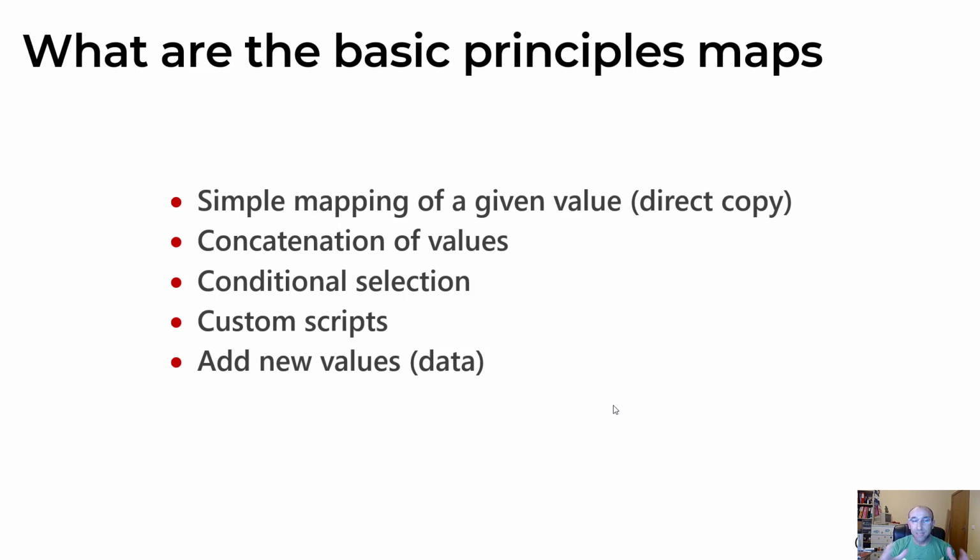Of course, custom scripting, okay? Extending, creating our script to apply a transformation rule and add new data. So something that doesn't exist on the source system, on the source message, but we need to add it to the destination message. Okay.